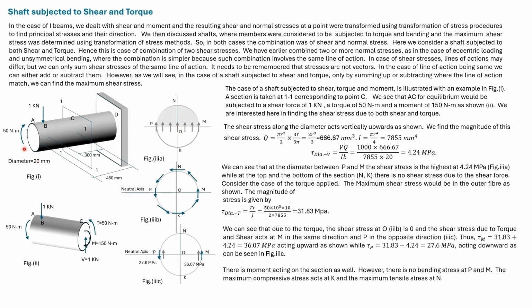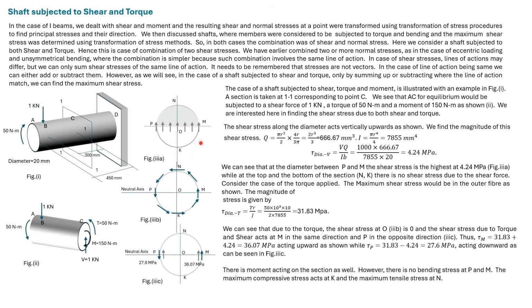The shear stress due to torque on the radius will act as shown. Notice that the direction of shear stress due to shear and due to the torque at P is opposite and at M is the same.